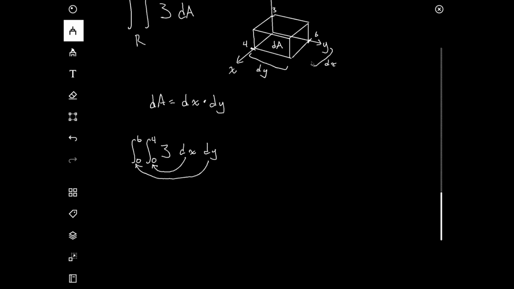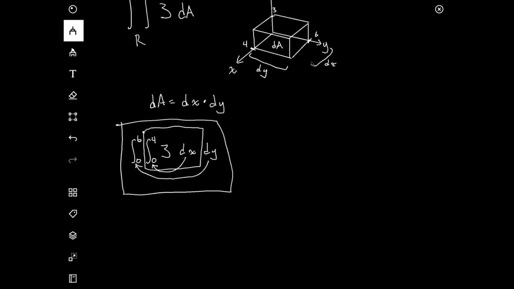Now, this is actually pretty simple to solve from here. What you do is you solve the integral on the inside first, and then you solve the integral on the outside second. Okay, so let's go solve the integral on the inside.